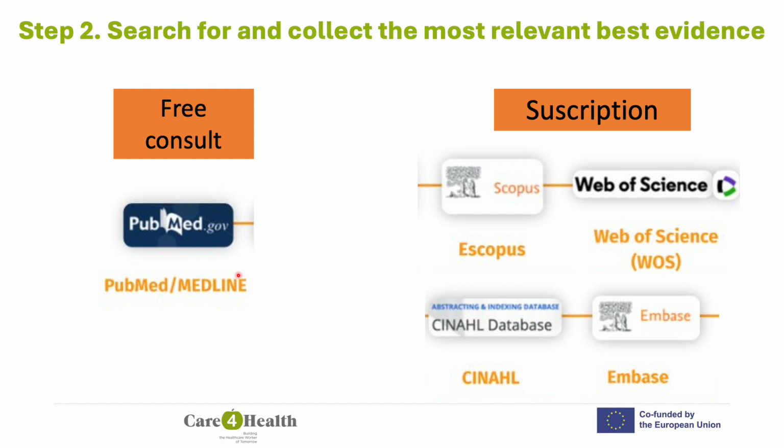PubMed is freely accessible, while Web of Science, CINAHL, and Scopus require subscriptions to access their full content. These resources are vital for researchers seeking high-quality peer-reviewed studies to inform evidence-based practice. So it's very important to know how to search for information in these databases.